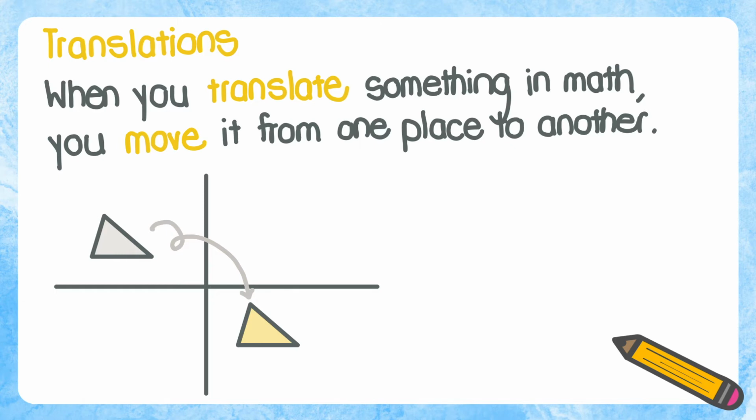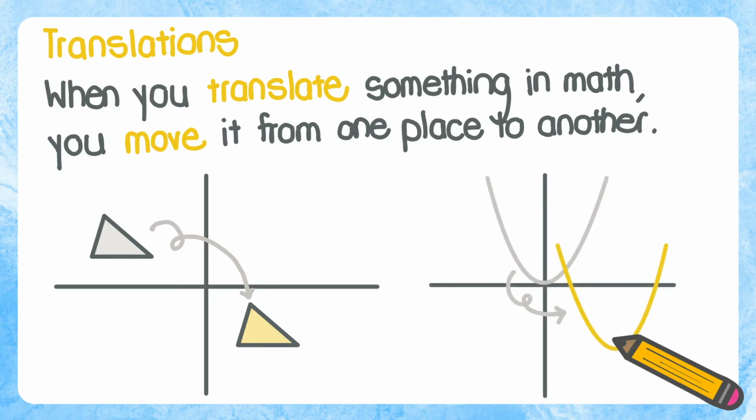Remember how we would translate triangles from one spot to another spot. Translating quadratic functions is a very similar idea. We will be talking about how to translate the function from the original parent function. So again, how is our function moving?